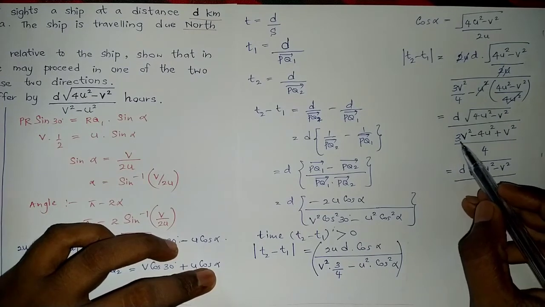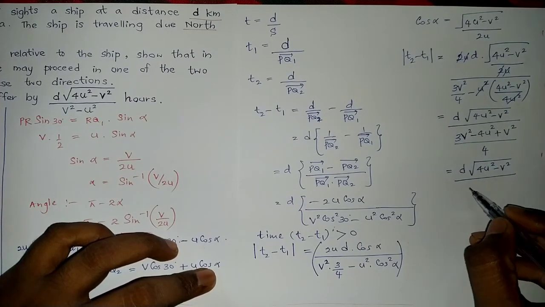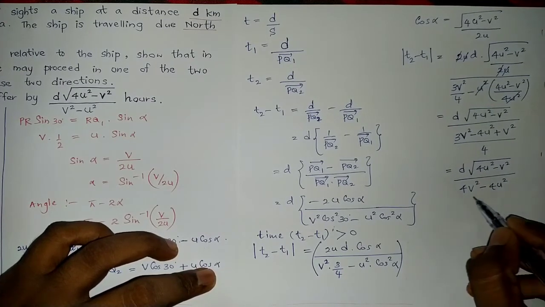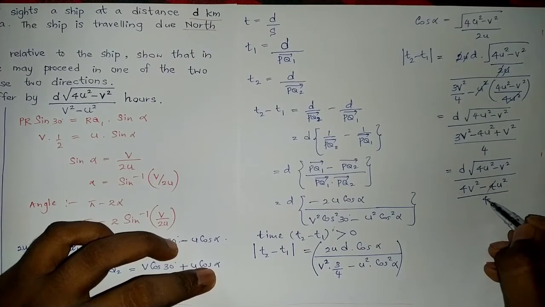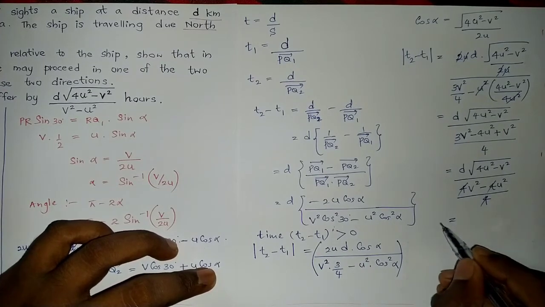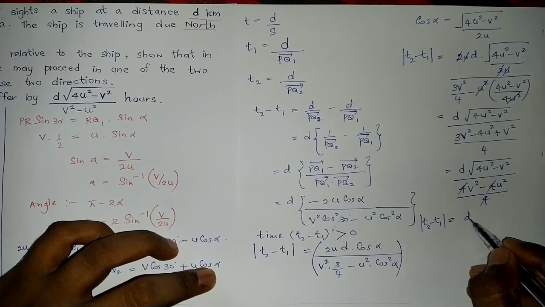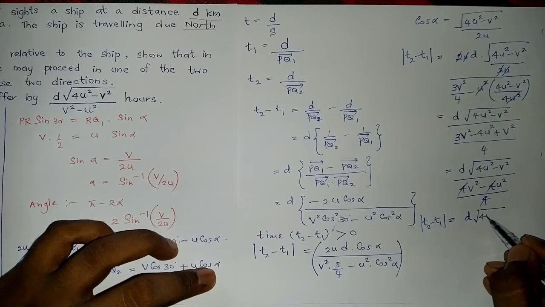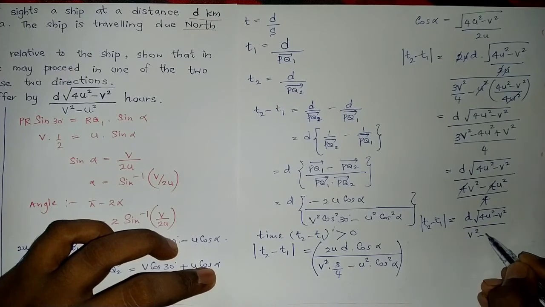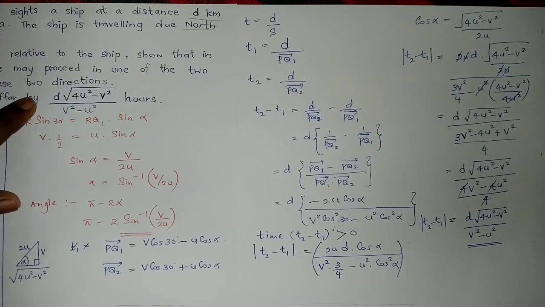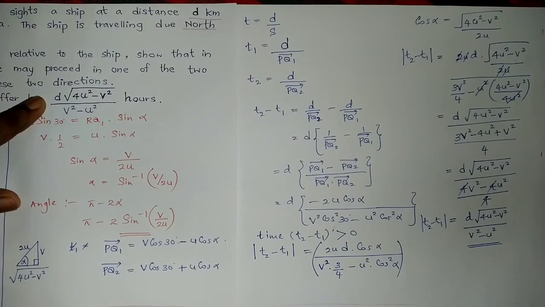Now here we have 3v square plus v square. It is 4v square minus 4u square divided by 4. We can cancel these 4's and we have the time difference as d into root of 4u square minus v square divided by v square minus u square. So this is the expression they have given us to show.